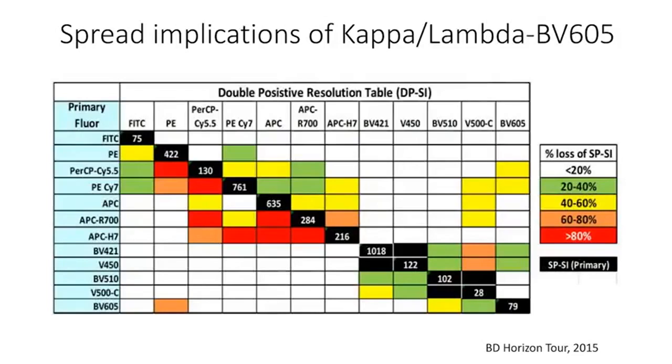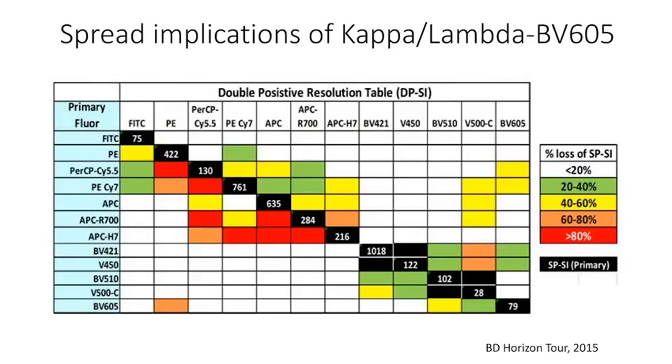Now, from a brightness standpoint, that makes sense. Does it make sense from a spillover standpoint? Well, in the case of FITC, there is a little bit of spread in PE, but remember we're going to have CD22 in PE, so that will already be positive, so that's not really an issue. And in the case of BV605, we don't really have any, these are relatively minor spillover.